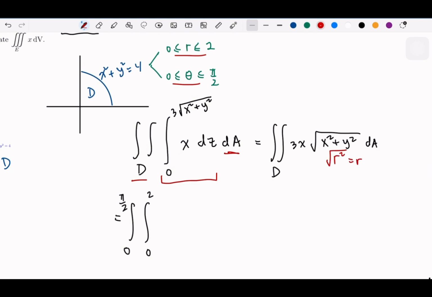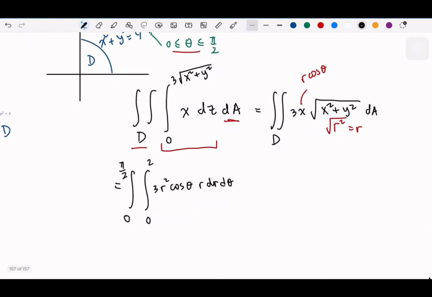And then r, and the x will be r cosine theta. So we can write 3r, or r squared, because we multiply, so r squared cosine theta, and then multiply with r dr d theta. Let me write again here, 3r cubed cosine theta dr d theta.